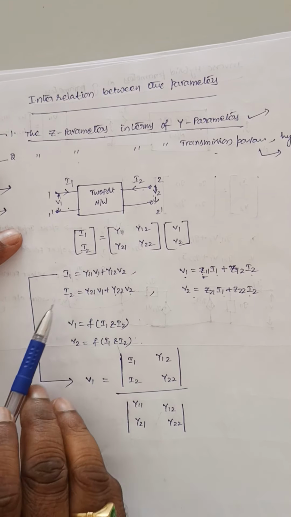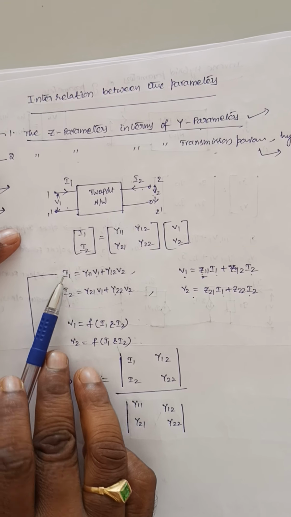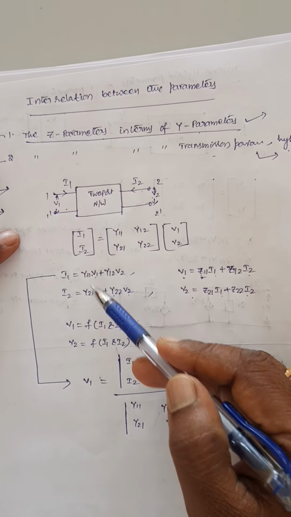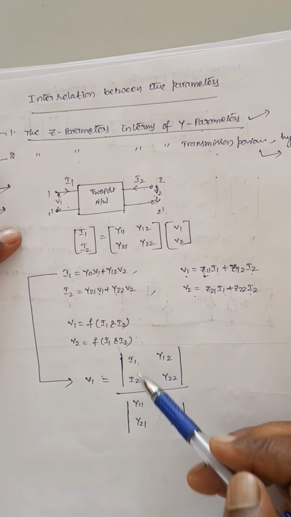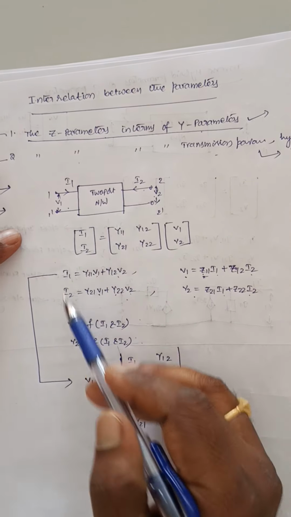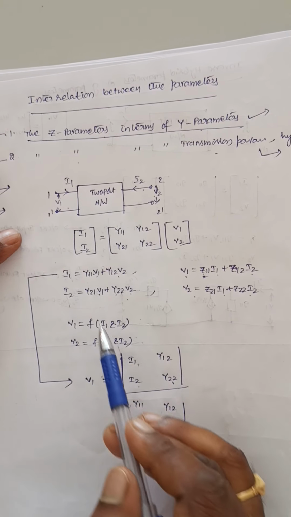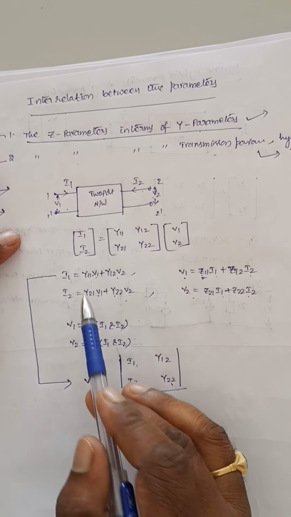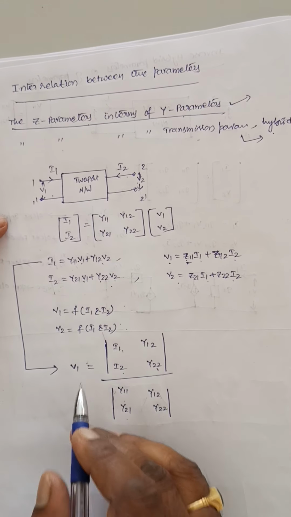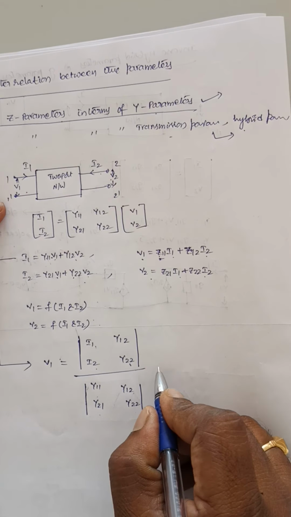See here, V1 is equal to, we just need to substitute this I1 and I2 in place of the first column, I1 I2, Y12 Y22, divided by the determinant of the Y matrix, Y11, Y12, Y21, Y22. This is how I can find the value of V1.